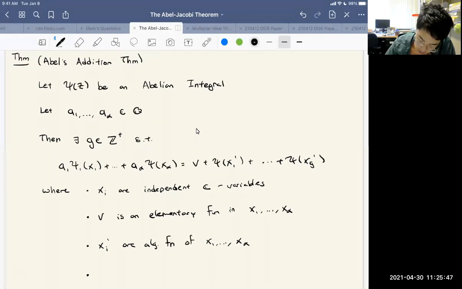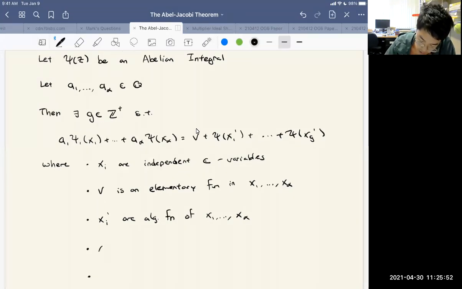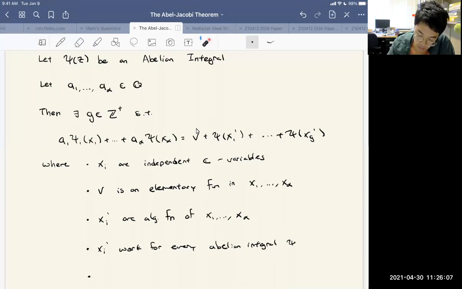And these xi primes work for every abelian integral psi. So given some independent variables x1 through x alpha, I can find these new variables x1 prime through xg prime that satisfy such an equation for every abelian integral.